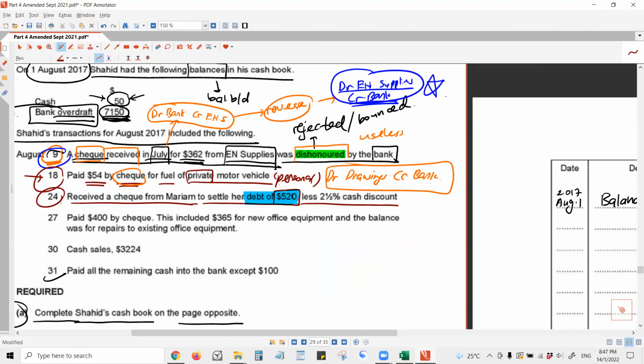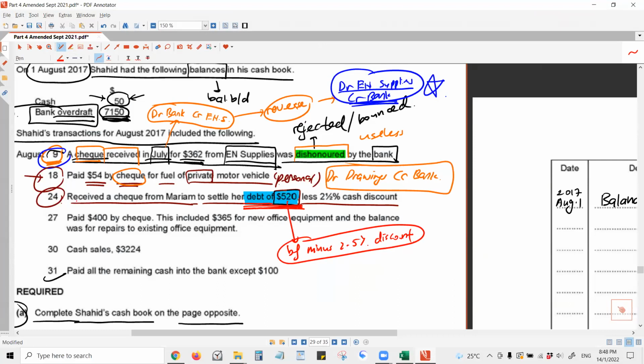So based on what you copied and what you are seeing here, debt of 520 means this amount is before minusing the 2.5% discount. Okay, agree? Because you see debt of 520.